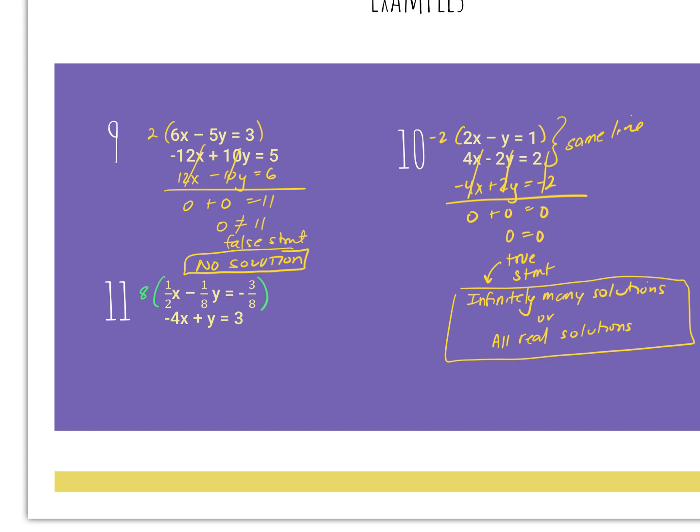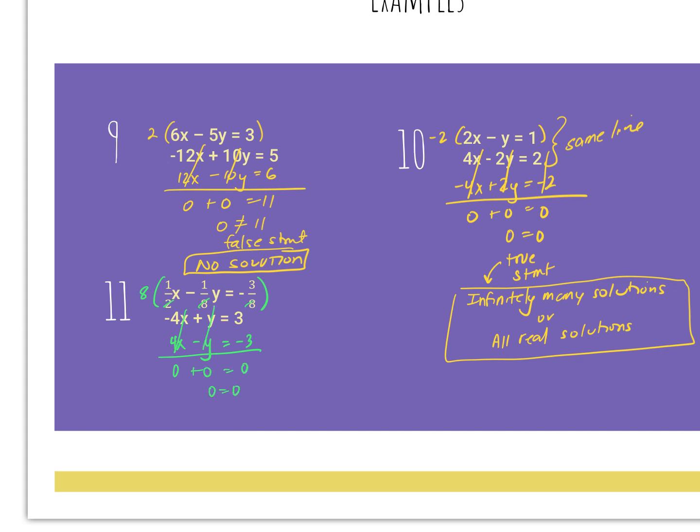When I multiply a half by 8, I'm going to get positive 4x. When I multiply 1/8 by 8, I'm going to get 1y. And when I multiply negative 3/8 by 8, I'm going to get negative 3. These are going to cancel out every time, okay? And now I'm going to combine my like terms, and I'm going to get 0 plus 0 equals 0.